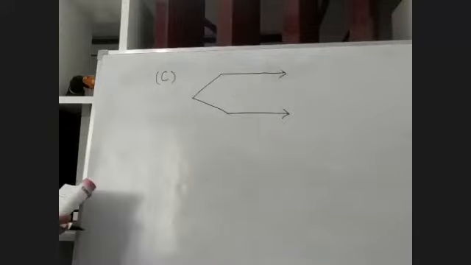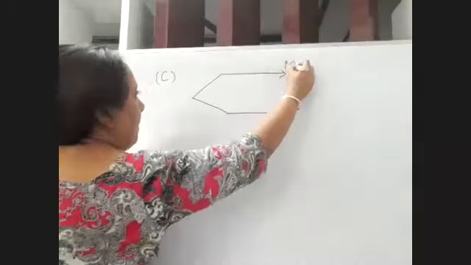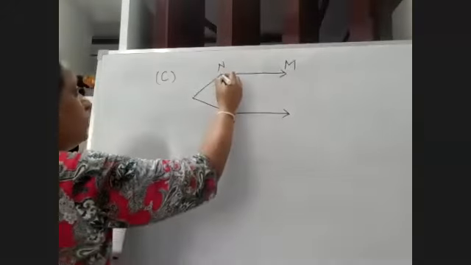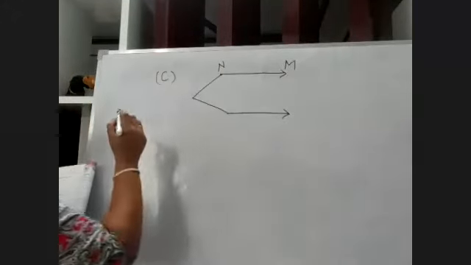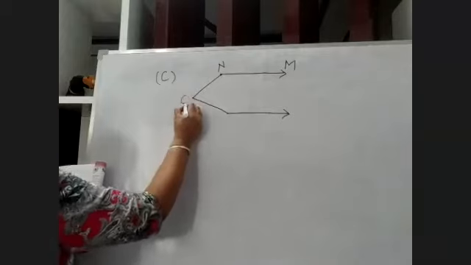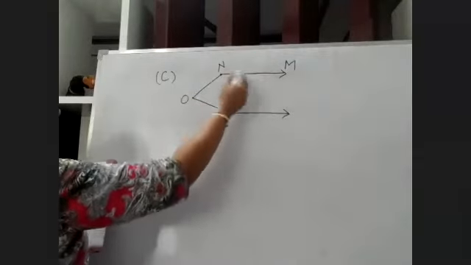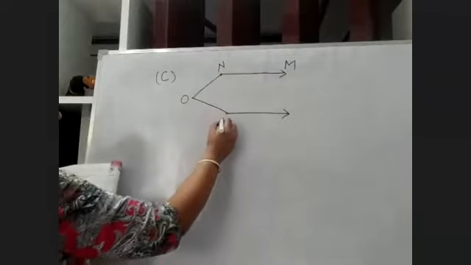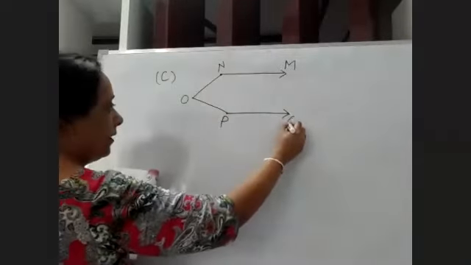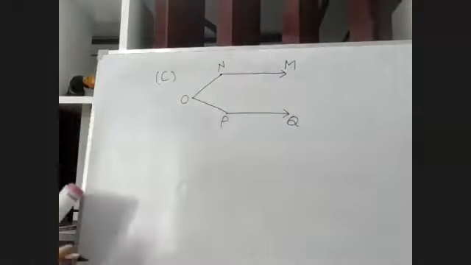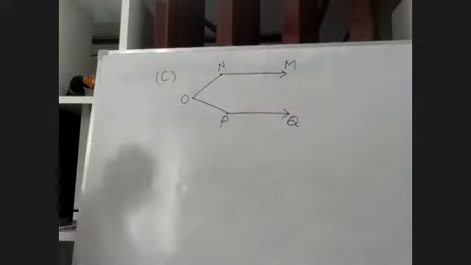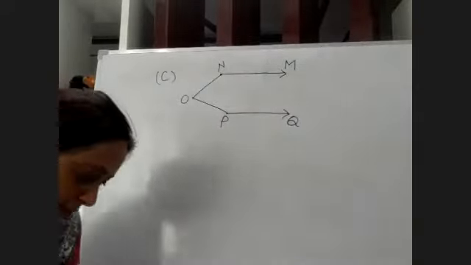Now, name the points. We have M, N, O, P, and Q. Now identify and name the line segments and rays.